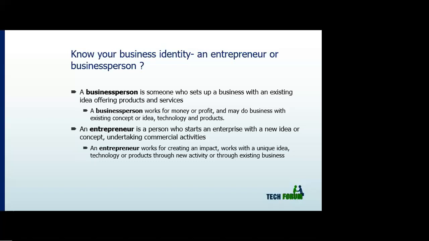A businessman works with an existing idea and always manages to create funds, new business, new avenues, reaching mass areas, new business targets. An entrepreneur has no business targets to begin with. Once he completes the entrepreneur stage, he hands over to business.